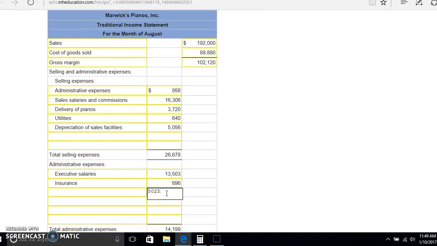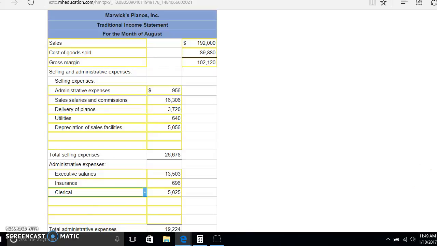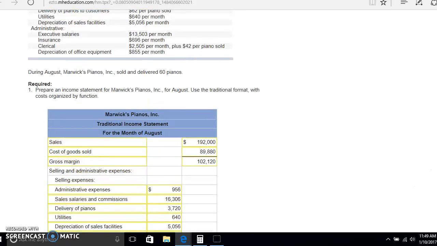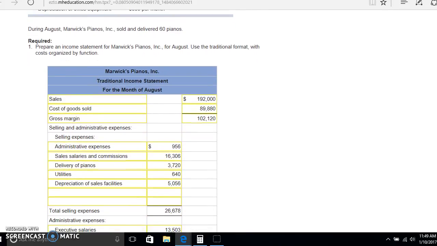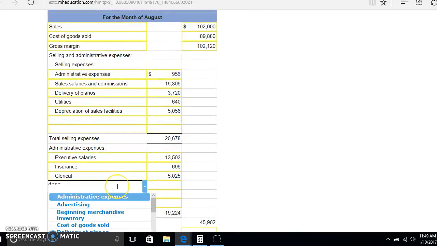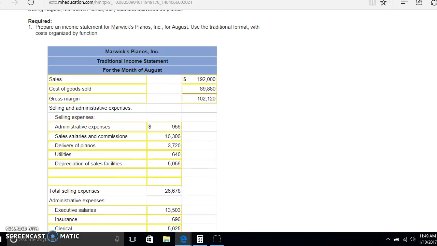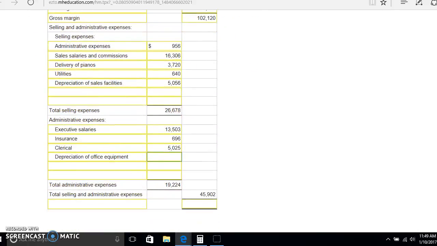Put that down before I forget. And that goes under clerical. All right. And then finally, we have depreciation of office equipment, and that is $855. And I totally forgot that number. It was $855. Okay.